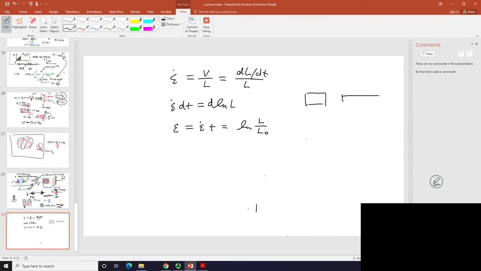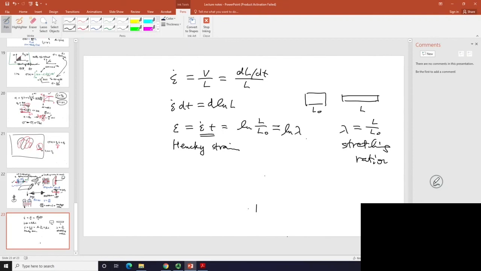This is your final length. And we typically call the shape change the stretching ratio, which is L over L0. This integrated strain, Hencky strain, we call it Hencky strain, is just a definition. And you can see it's related to the stretching ratio in this manner.